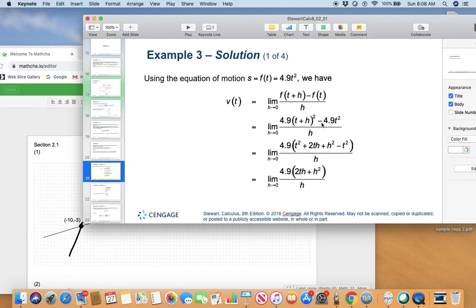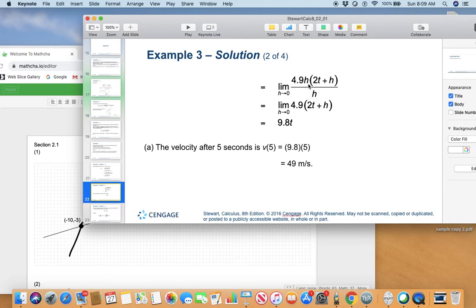Okay. Then minus that. 4.9 has been taken out common, and you are left with t squared here. So notice the t squareds go away. You are left with this quantity. Okay. You can get the h out and get rid of the denominator. You got the h out, and here is the denominator. They cancel.